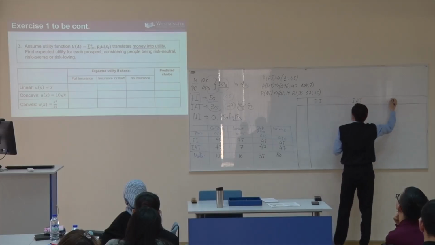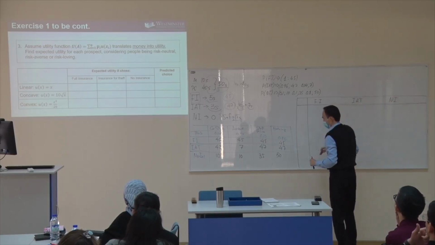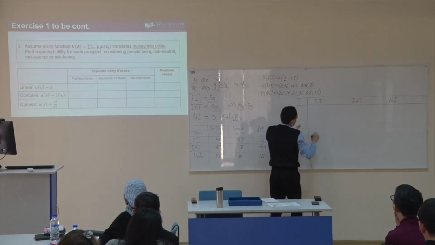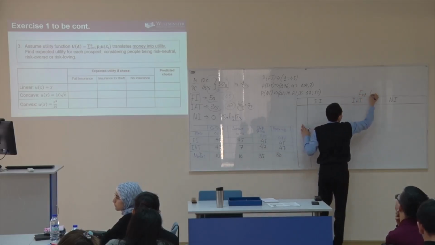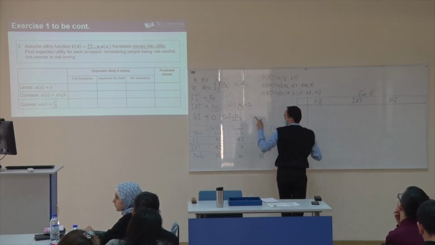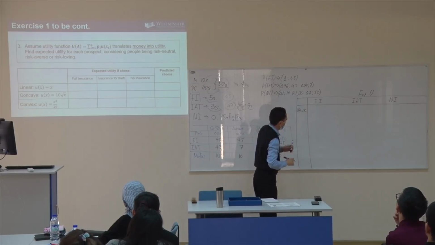And the last one, we are considering the no insurance case, okay? And we will see what choice people will make. So we have to calculate expected utilities for all. First one is linear. Our utility function is linear. Okay, let's calculate.